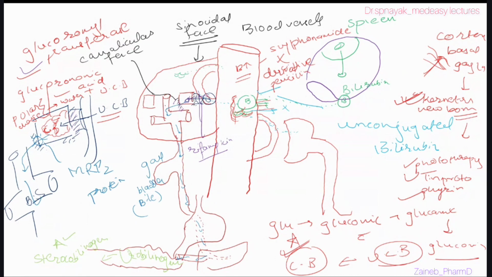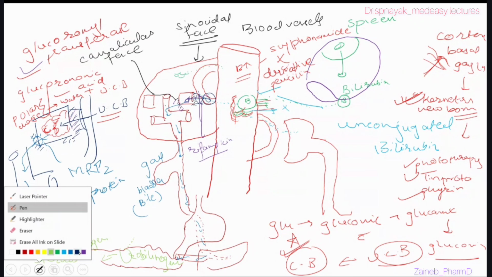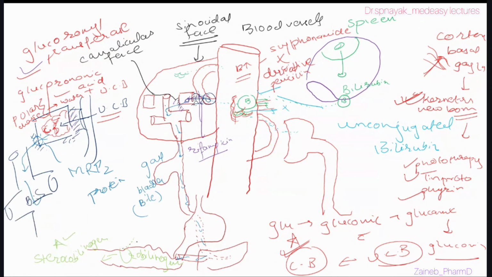And while this urobilinogen is converted into stercobilinogen, a certain amount of urobilinogen is reabsorbed back by the GIT, and it will go into the hepatocytes again. Here it is facing the portal vein, facing the portal circulation. So which side is it?